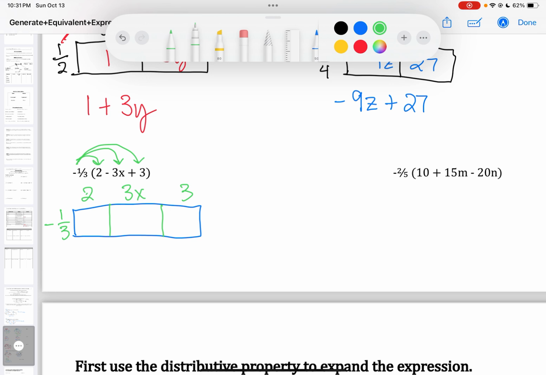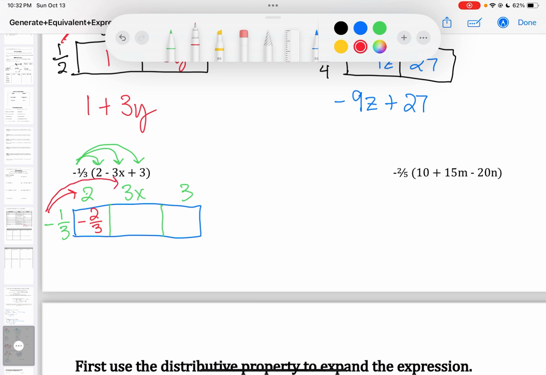Now, since I have a negative number outside of the parenthesis, my signs of my inside terms are going to switch. So I have negative 1/3 times 2, which will give me negative 2/3. And I'm keeping the negative because a negative times a positive is a negative. Now we're going to do the same thing with 3x.